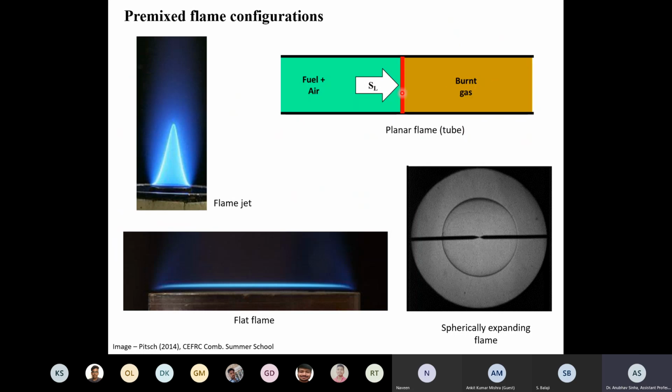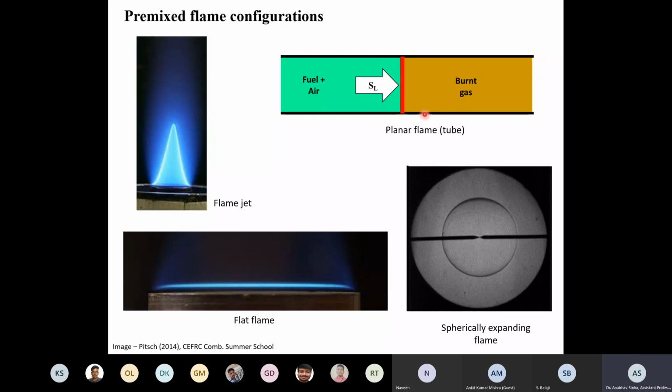So that can form a flat flame, right? Any problem in that sort of configuration, with fuel coming from one side and air from the other? Can I burn a stable flame like this? Where will the burnt gas go? That is the problem. So you cannot have a tube configuration for a diffusion flame.